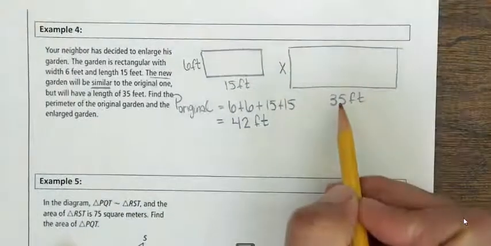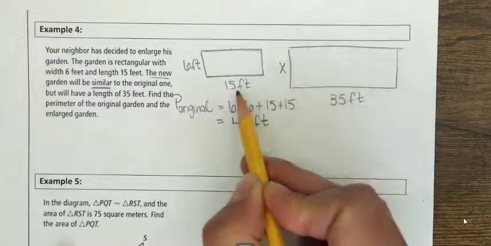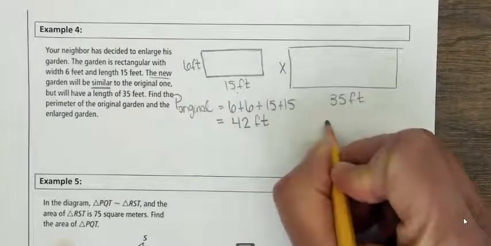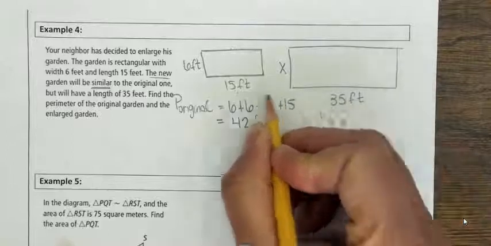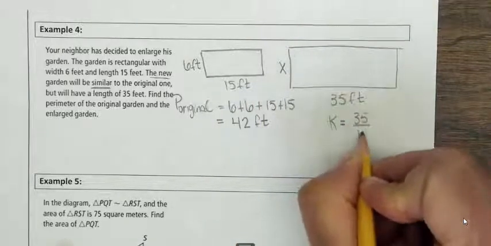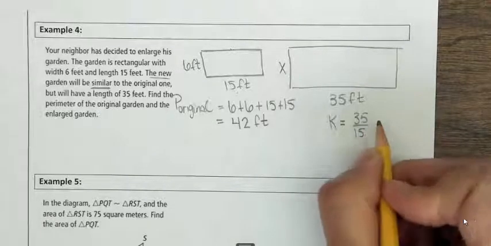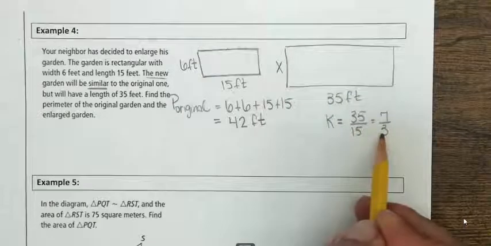I'll do the big one over the small one. So my scale factor, or my K, would be 35 over 15. And I'll simplify that. I'll divide top and bottom by 5, so I'll end up with 7/3. So that's my scale factor.